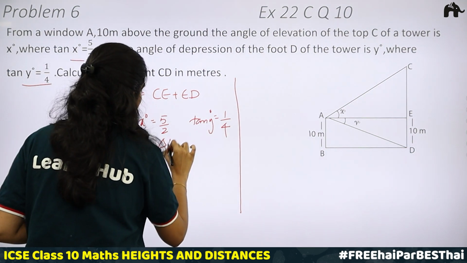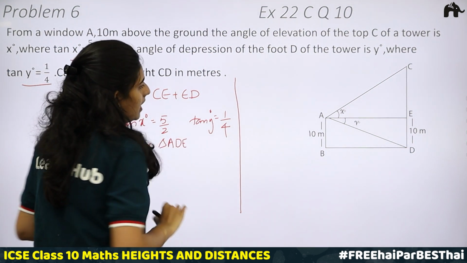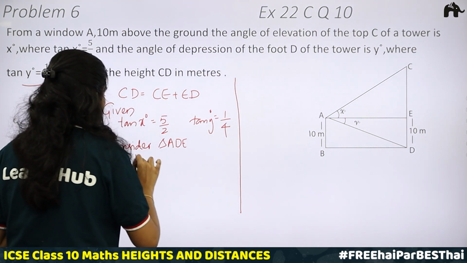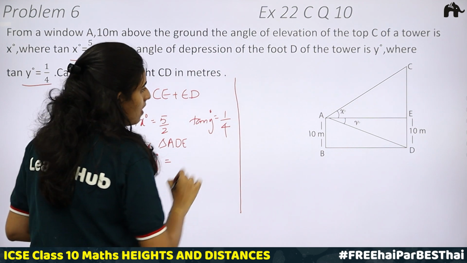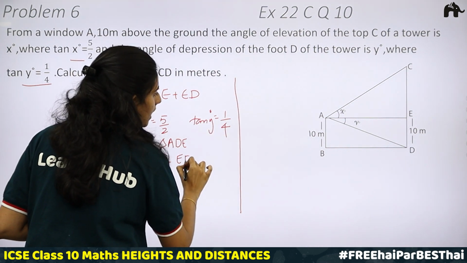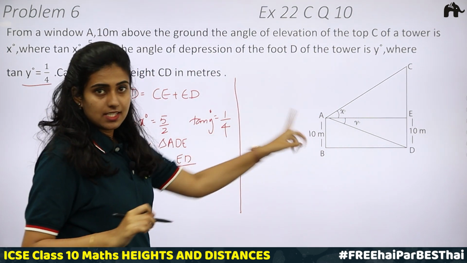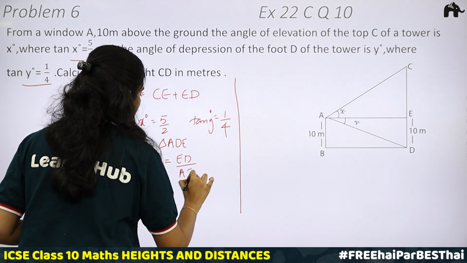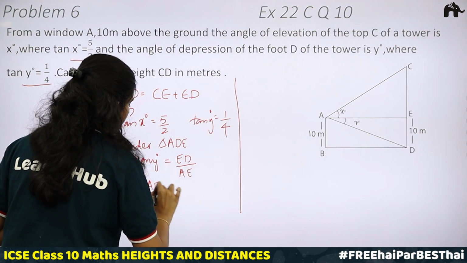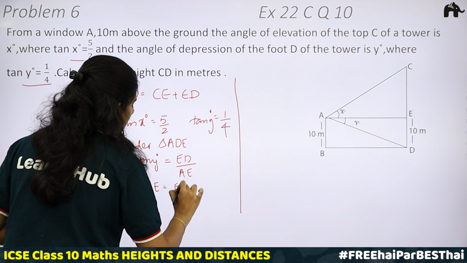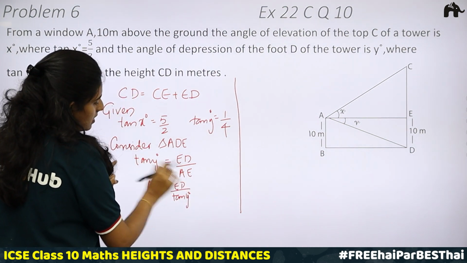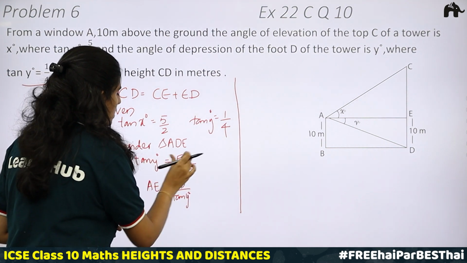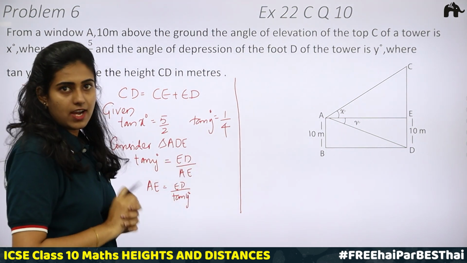So let us consider triangle ADE. In triangle ADE, tan y degree will be equal to opposite side ED divided by adjacent side AE. We need AE. Therefore, AE is equal to ED divided by tan y degree.